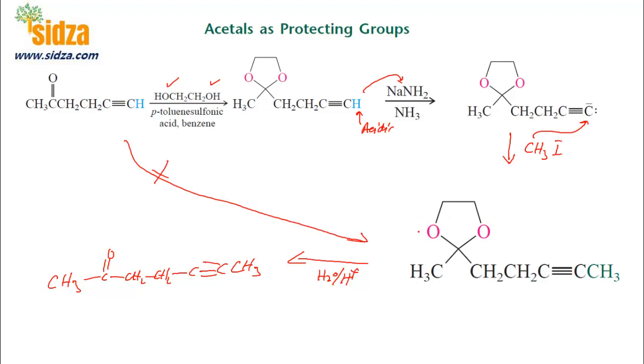All right, and once you break it here and here by the addition of water, you will get another molecule which is CH2OH and CH2OH. You got this product back. Okay, this is ethylene glycol. You got it back by decomposing this acetal with acidic hydrolysis.